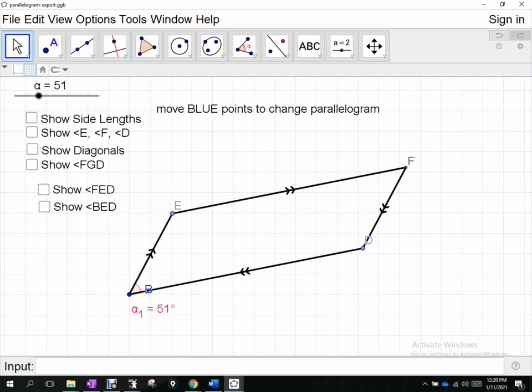All right, so based on the markings, we got opposite sides here parallel and opposite sides here parallel, right? So based off what we know, that's the only information I'm giving you, this is a parallelogram.